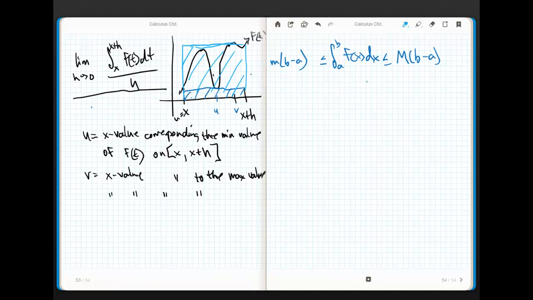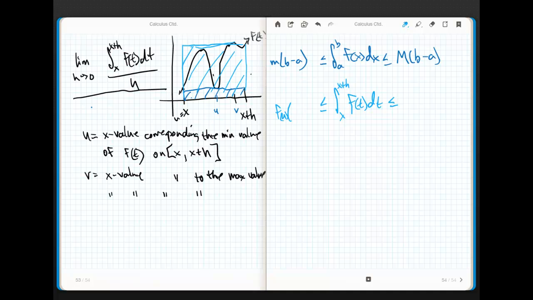So let's just write that up. I'm not even going to worry about the h yet, right? I think you'll like this. So I've got the integral from x to x plus h of f of t dt is most decidedly wedged between f of u times, well, what's this b minus a?